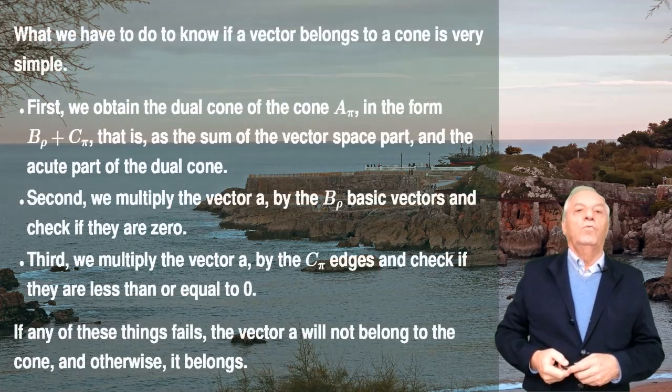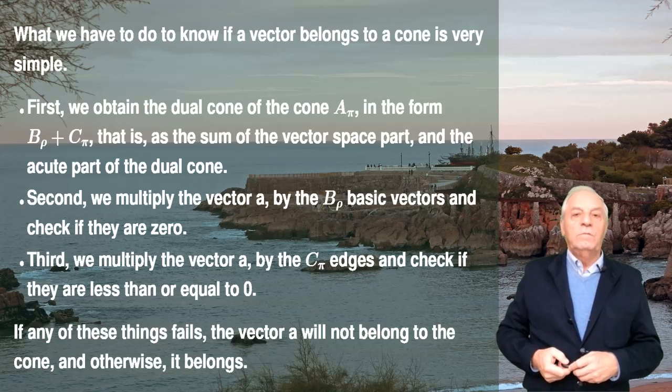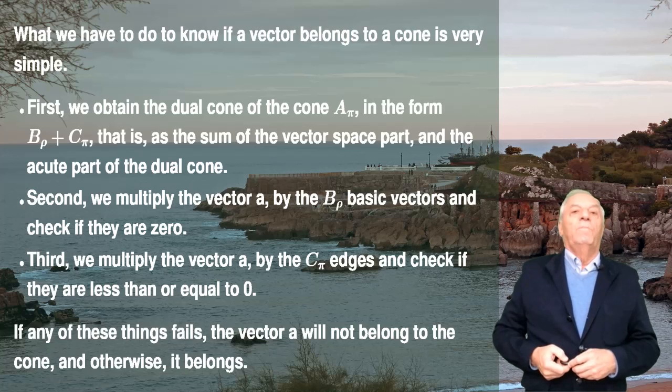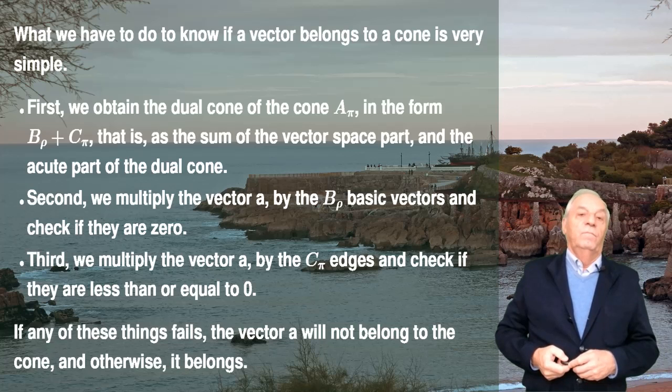What we have to do to know if a vector belongs to a cone is very simple. First, we obtain the dual cone of the cone A pi in the form B rho plus C pi, that is, as the sum of the vector space part and the acute part of the dual cone. Second, we multiply the vector A by the B rho basic vectors scalarly and check if they are 0.